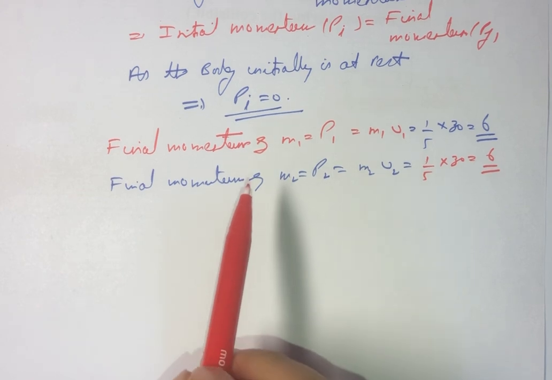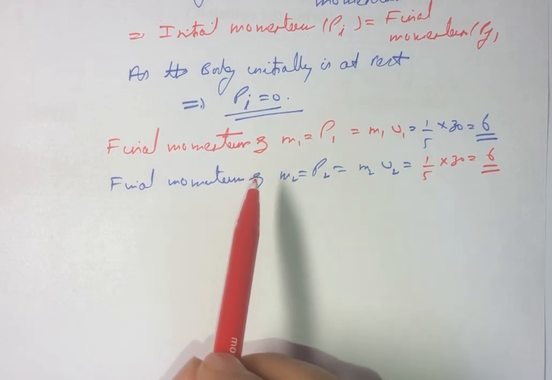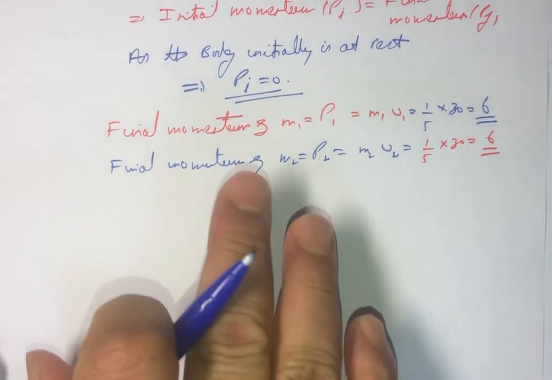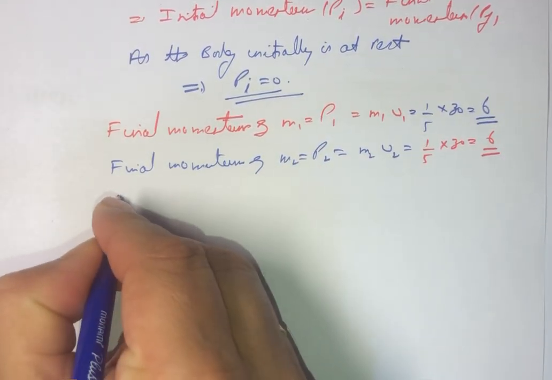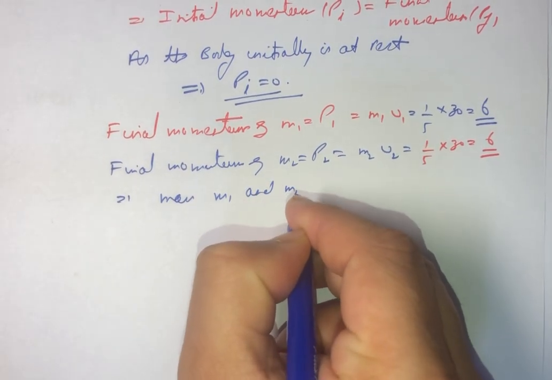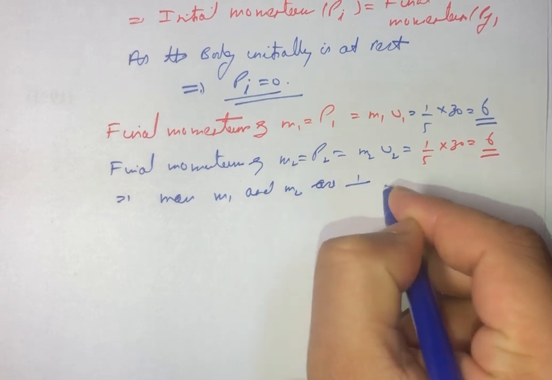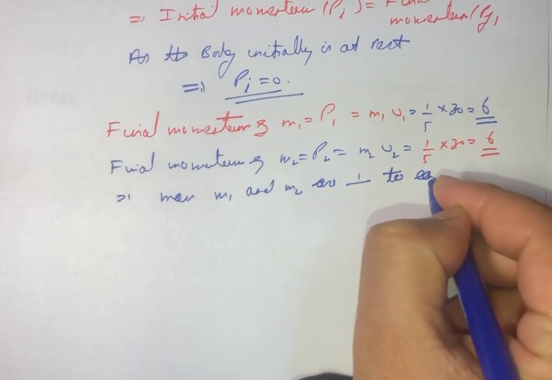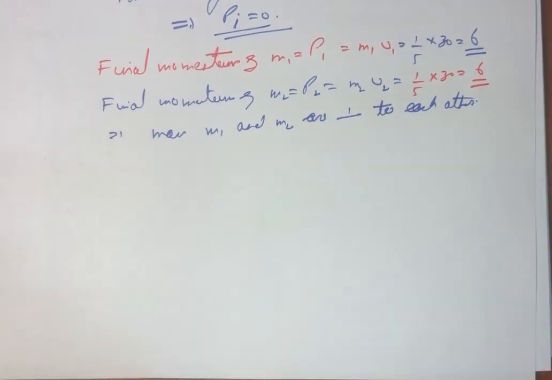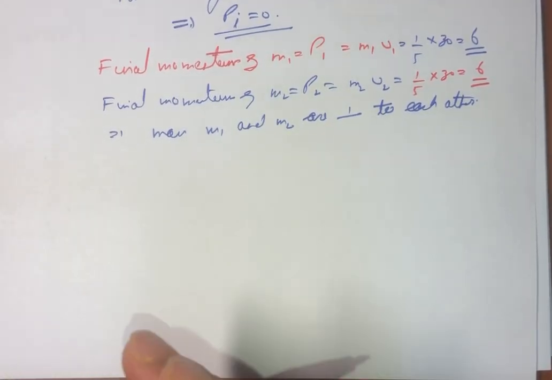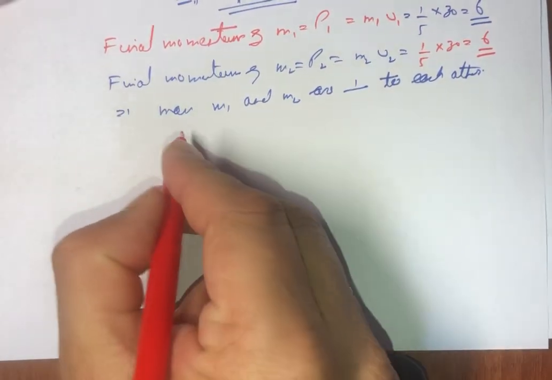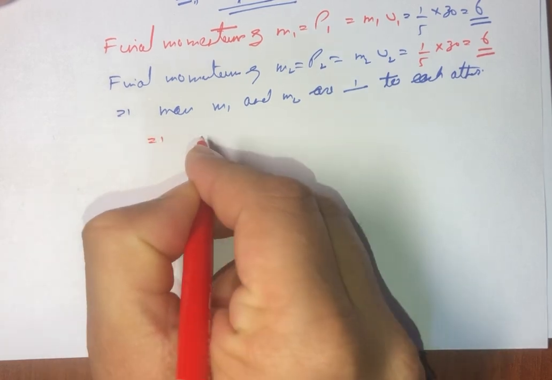Now it is given that the equal masses fly perpendicular to each other. From here we can say that m1 and m2 are perpendicular to each other, so we can find out their resultant. Let us suppose P is the resultant.